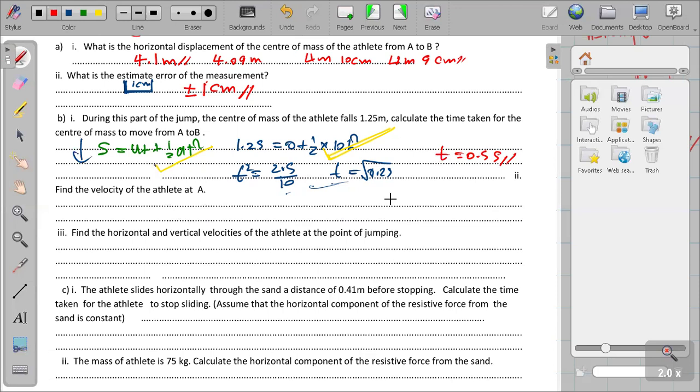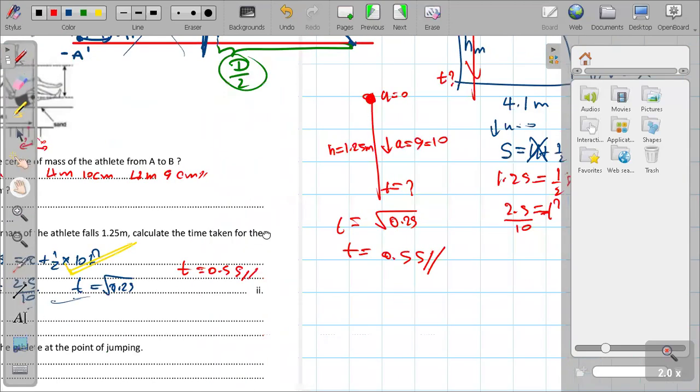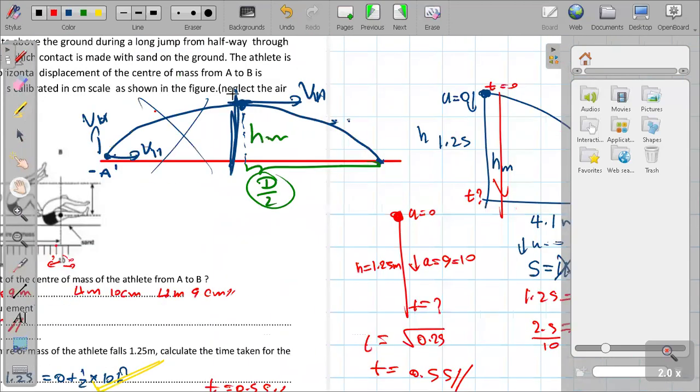Number 2, find the velocity of the athlete at A. There are 2 ways for you to try this. One is considering final velocity upward here is 0 and the initial velocity is this much. Considering upward motion or downward motion, because this is positive v vertical, when landing, negative v vertical.